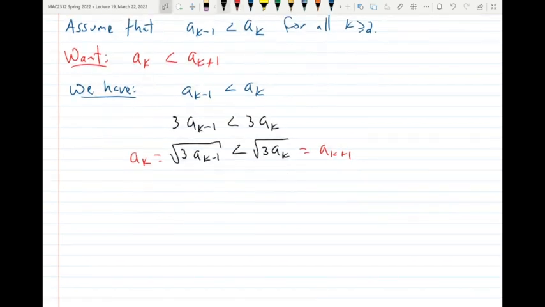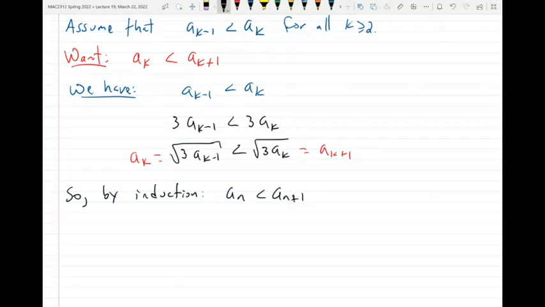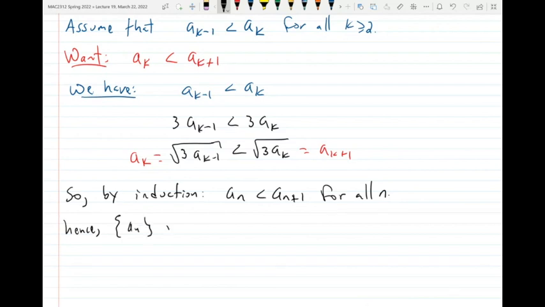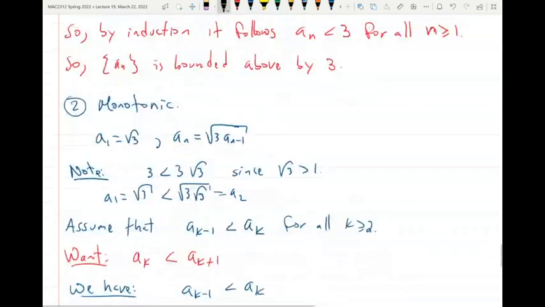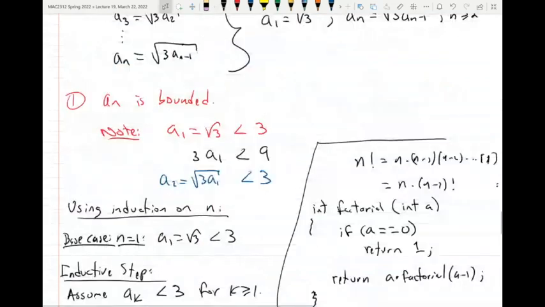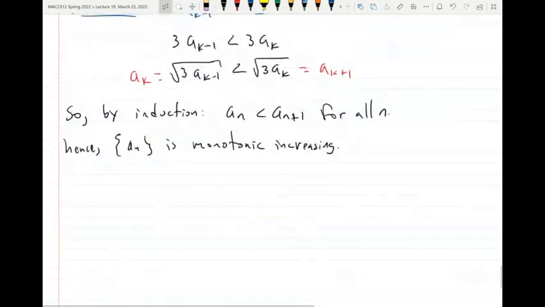Okay? All right. So by induction, it follows that an is less than an plus 1 for all n. Hence, the sequence is monotonic increasing. Okay, so we know it's bounded above by 3. It's monotonic increasing. It has to converge.